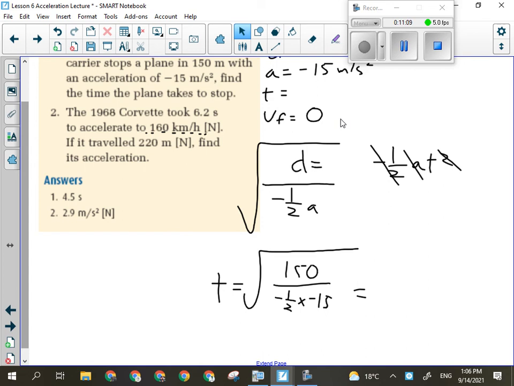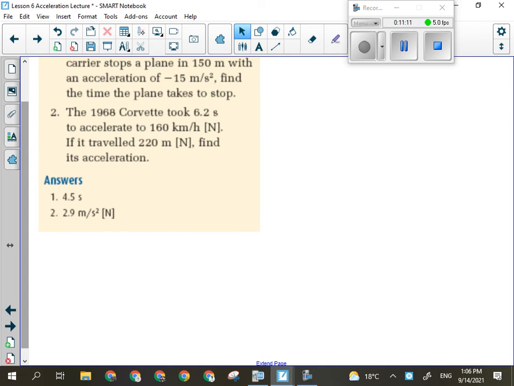For question number 2, we've got the 1968 Corvette, which took 6.2 seconds to accelerate to 100 miles an hour. 160 kilometers an hour is exactly 100 miles an hour. They did that in 6.2 seconds, which was impressive. 327, that's very powerful.